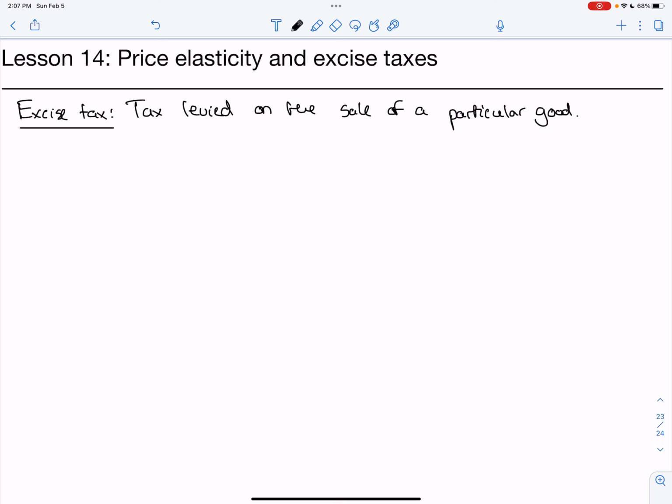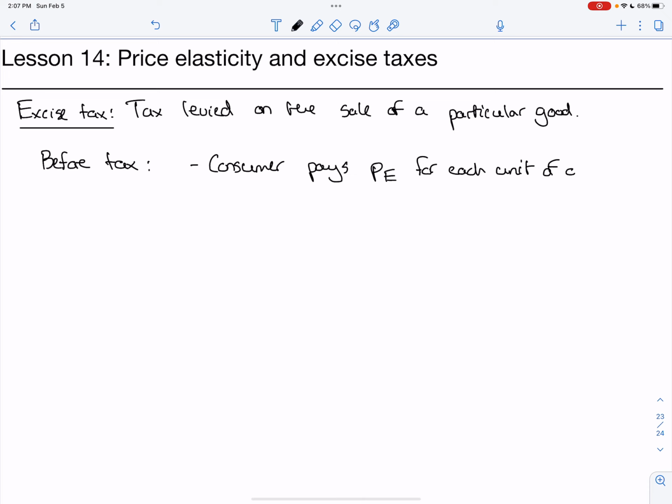So, before the tax is levied, the consumer pays the equilibrium price for each unit of the good, and of course, the supplier receives the equilibrium price.